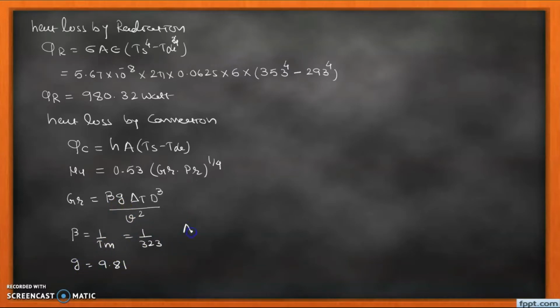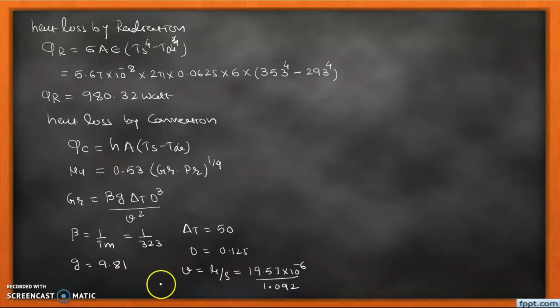Then delta T, and D is given, that is 0.125 meter, and kinematic viscosity, we know that it is mu divided by rho for the air. So mu is given, that is 19.57 into 10 to the power minus 6, divided by the density, 1.092.